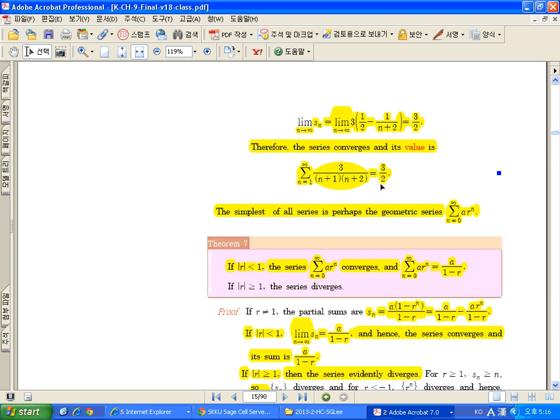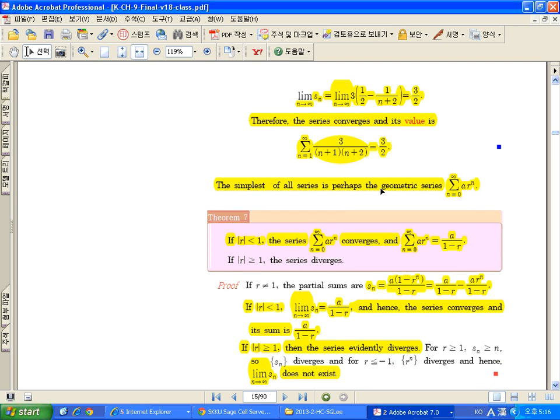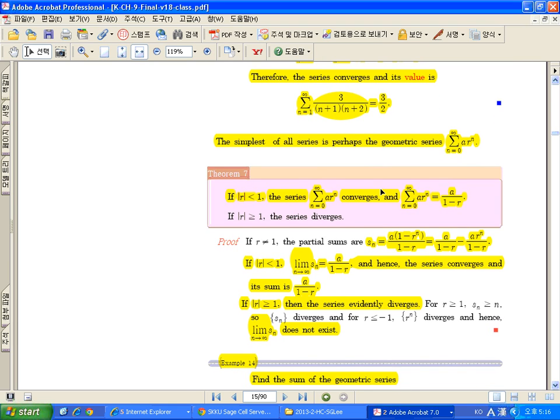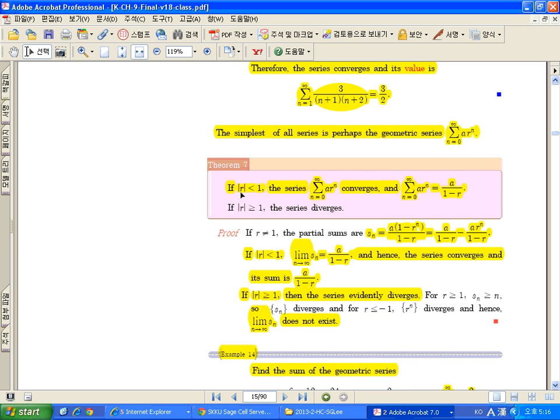So if we can make a term a difference of two terms, that makes the calculation much easier. Another simple form of series is the geometric series like this. For the geometric series, when the absolute value of r is less than 1, the series converges, and the limit can be found as a over 1 minus r.